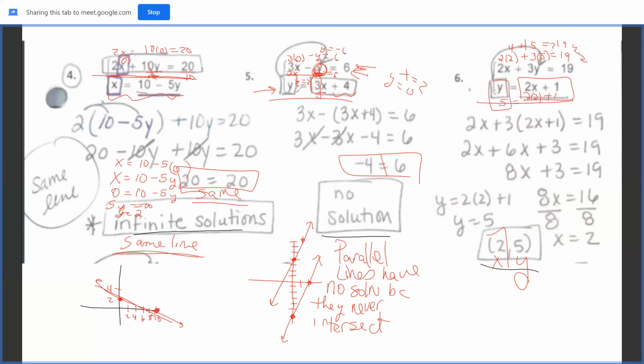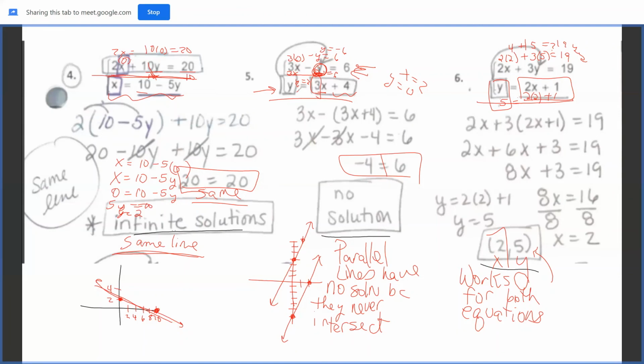Is Y 5? Yes, Y is 5. So if it works for both equations, it's the solution. And that is how you can approach systems of equations without really knowing how to solve a system.